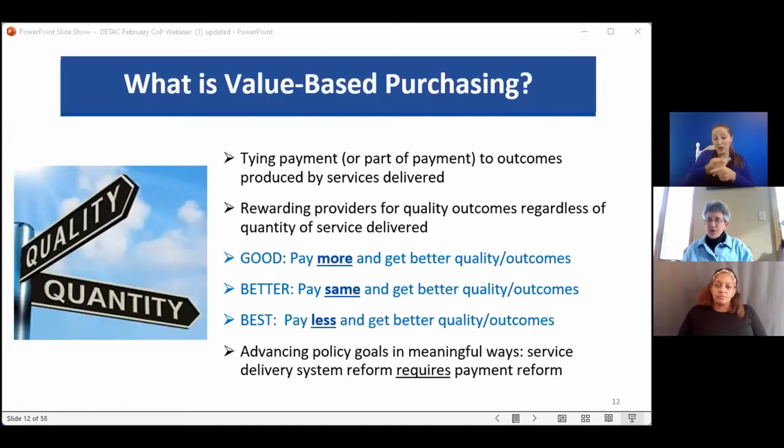We've seen opportunities where if we're smart about how we use our money, sometimes we can get better quality and outcomes without spending as much. But in general, I think all systems want to see better competitive integrated employment outcomes. They have other goals for community inclusion. And any goals like that, I would argue, require us to change the way we pay for services.